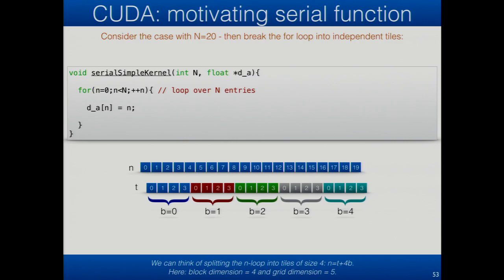So if we think about n as our global index, we're going to partition it into a double nested loop. The inner loop will loop over T for thread, and the outer loop will loop over B for block. Okay, nicely color-coded.